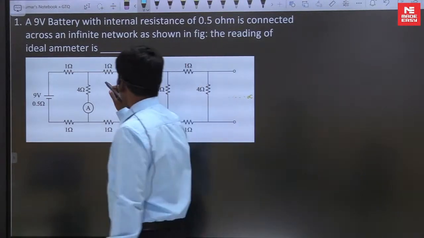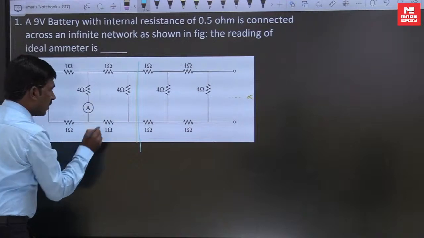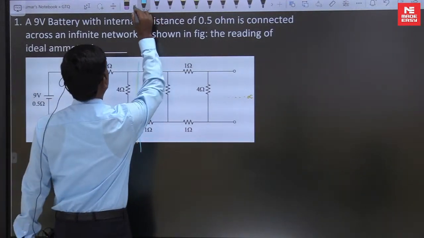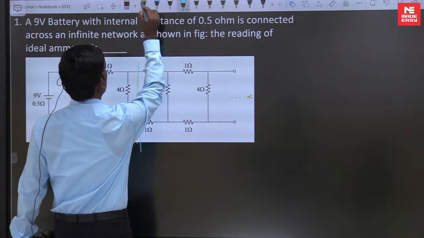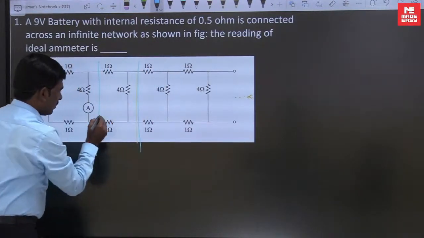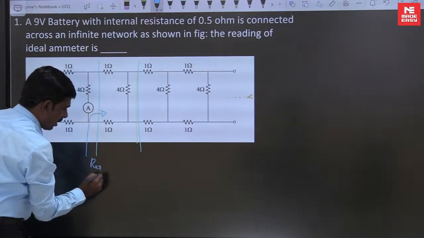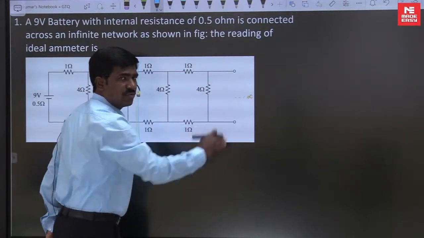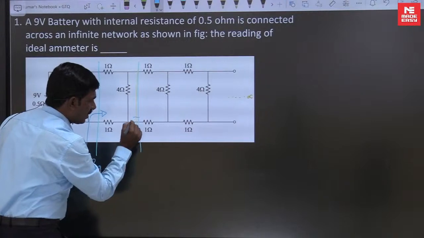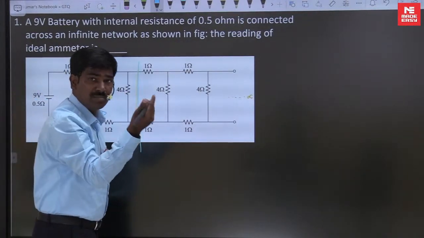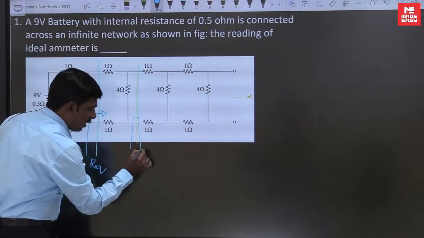So find out R equivalent up to this point. The assumption is that this part is also R equivalent. If you remove this one, it does not affect the infinite network, since infinite minus something is infinite. That is R equivalent here.